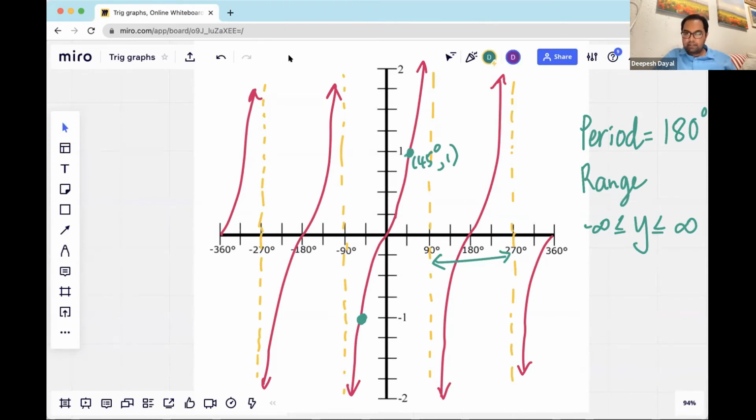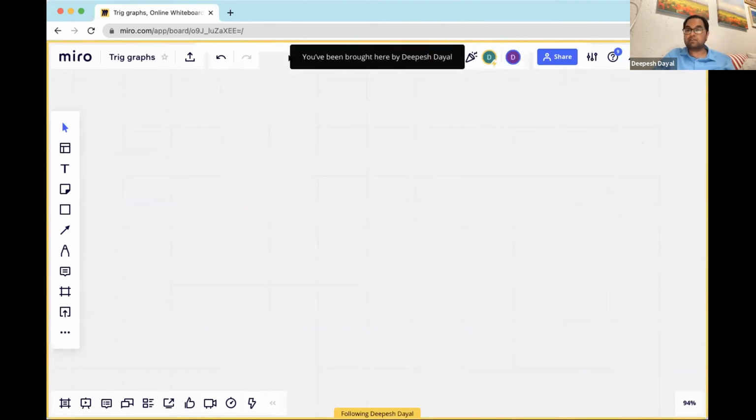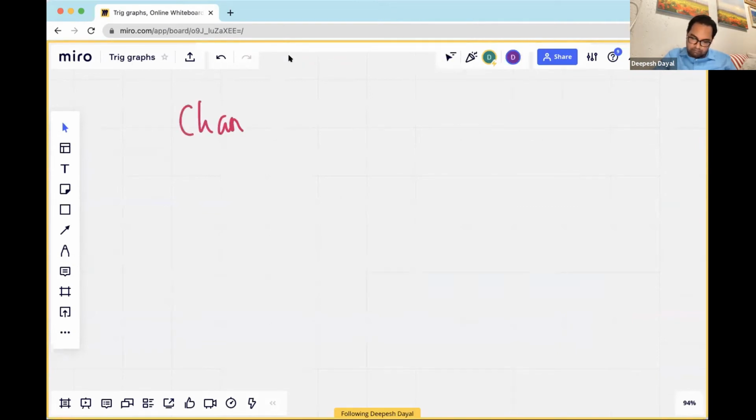Okay. So we're going to look now at some changes in these graphs. What happens when we get changes, right? I'm going to look at the first one, which is the changes in the amplitude.